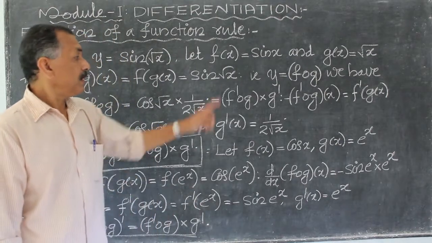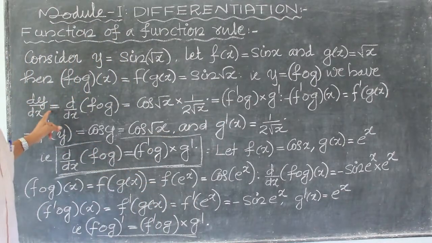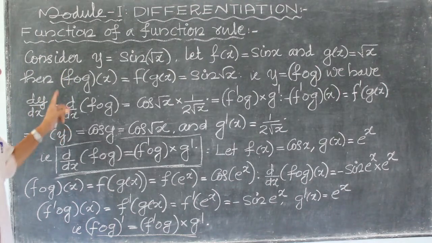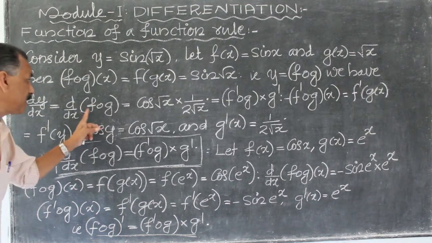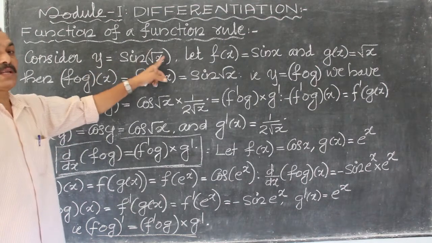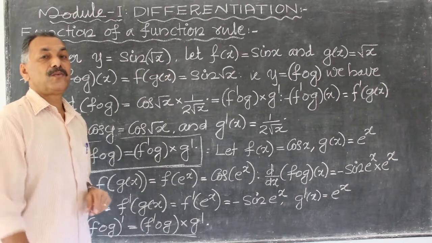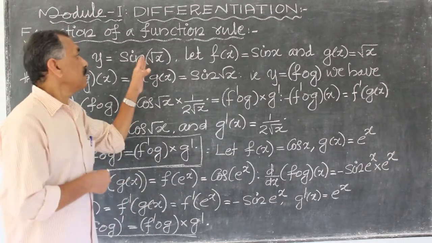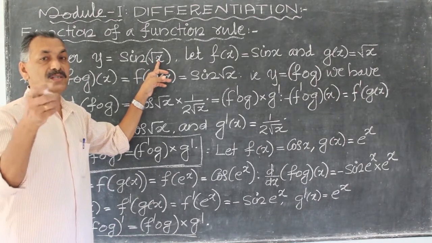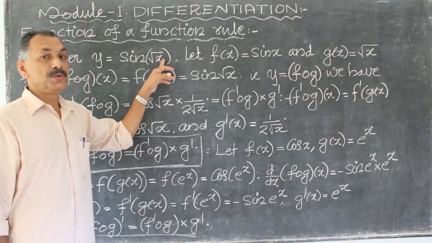Second, we have the derivative of y. d by dx of y is equal to d by dx of f dot g. What is y? y is equal to sine root x. Then what is the derivative of y? Now root x is equal to u, so y is sine u.